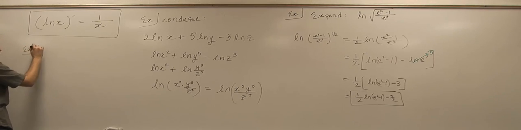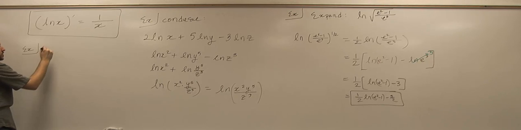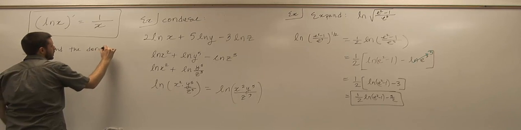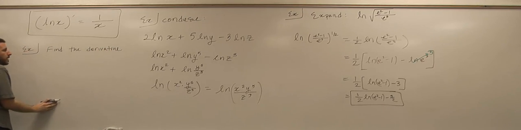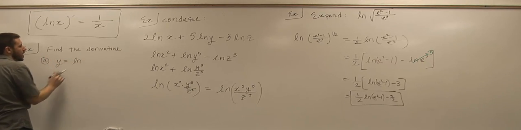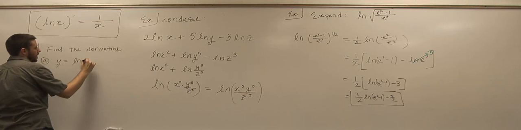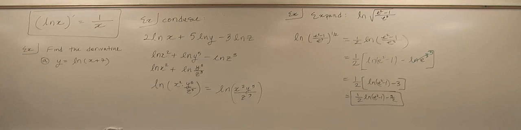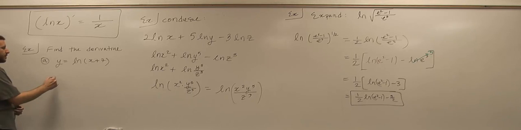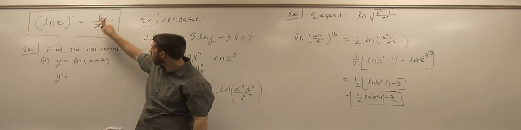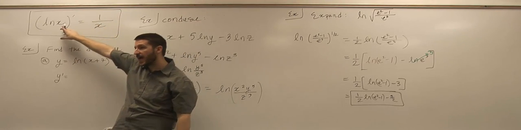So maybe 2 quick examples, and then I'll let you go. Find the derivative. What if I give you something like y equals the natural log of x plus 7? What should the derivative of this be? 1 over x. So the rule says you take 1 over whatever's inside if it's just x.